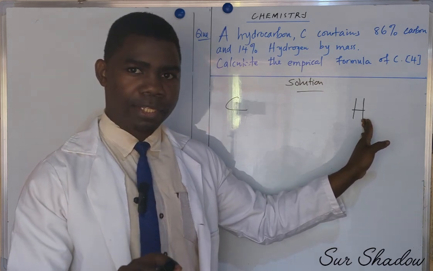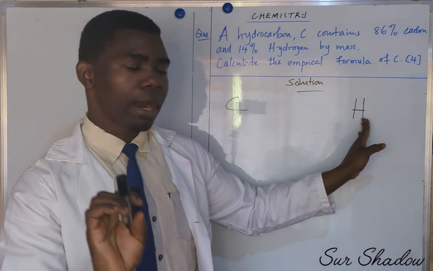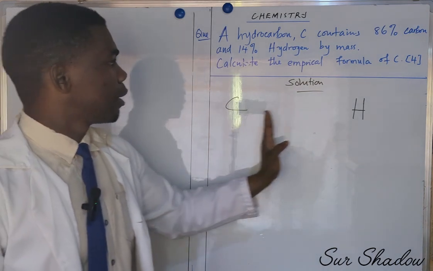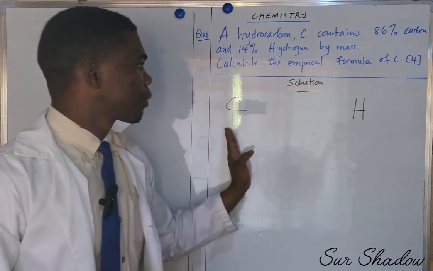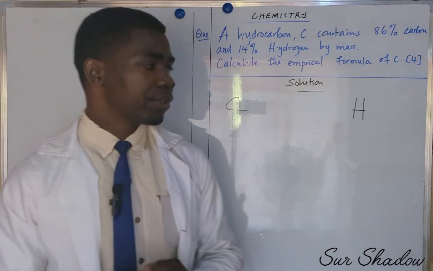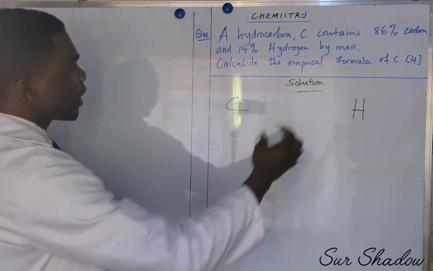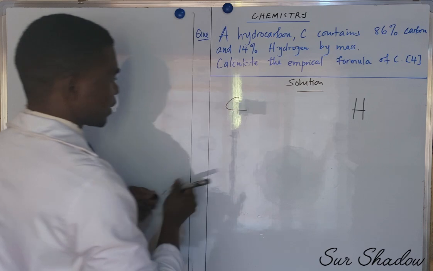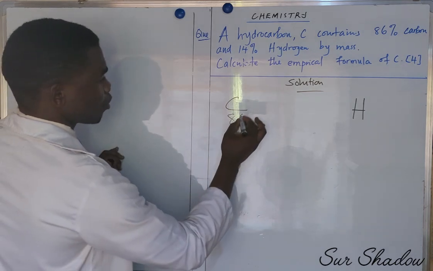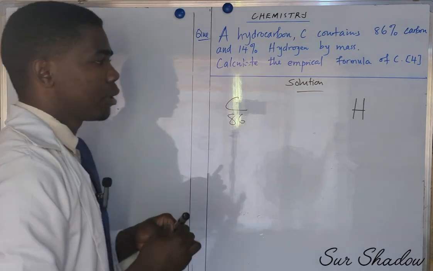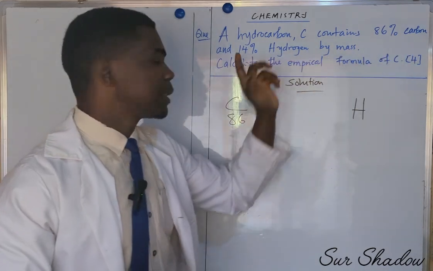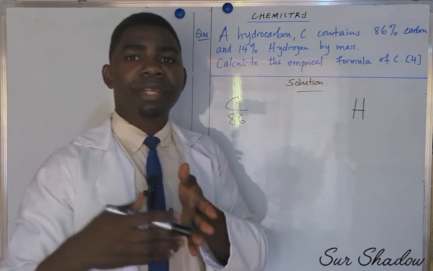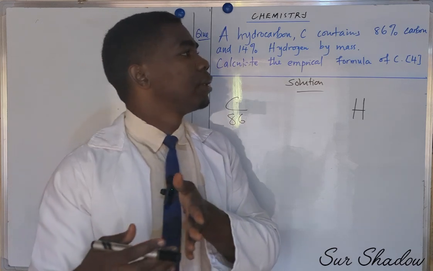If you are doing combined science, try to be familiar with these symbols that are used to indicate the given elements of the periodic table. Right, remember we are given carbon which is 86%. So under carbon, I'm going to write 86 here. These values might be given in percent or in grams, right?